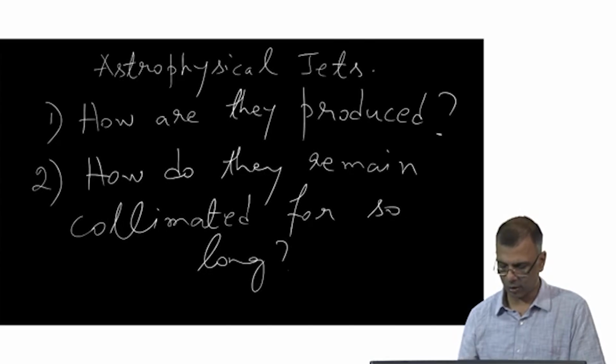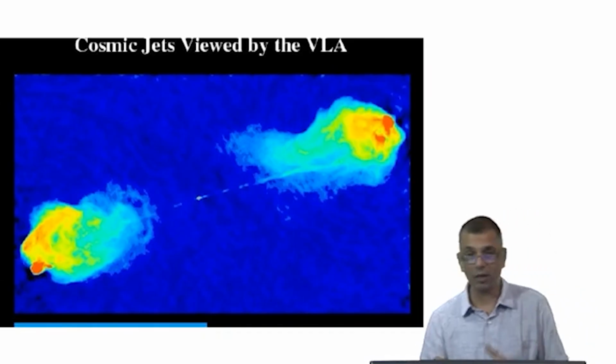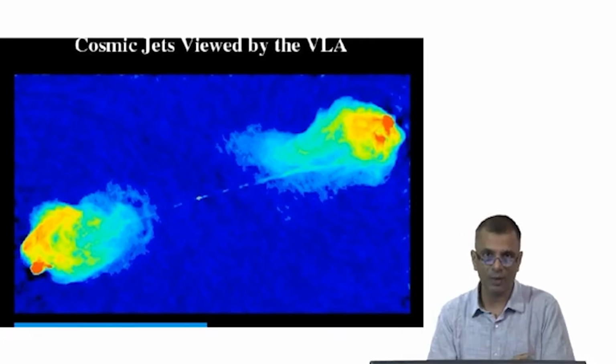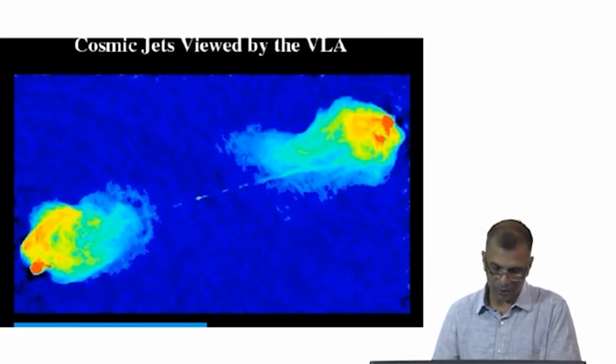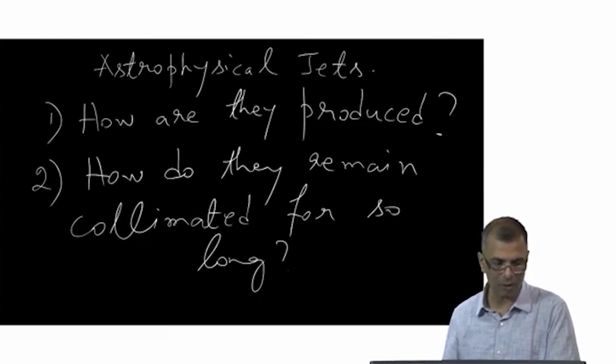You can see that this jet remains incredibly narrow and collimated over really long distances, all the way to megaparsecs. So that's often the second question.